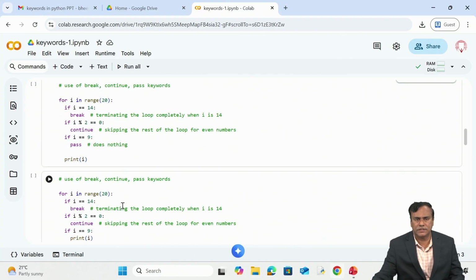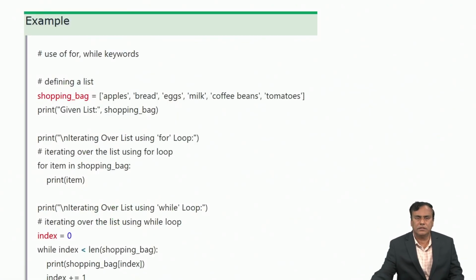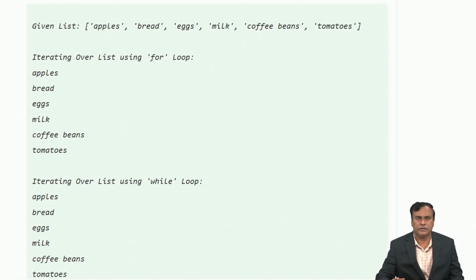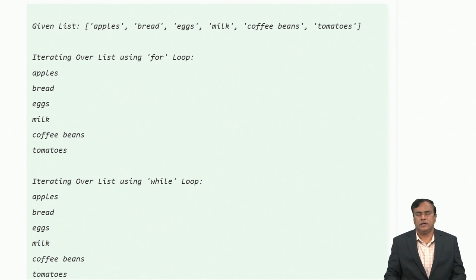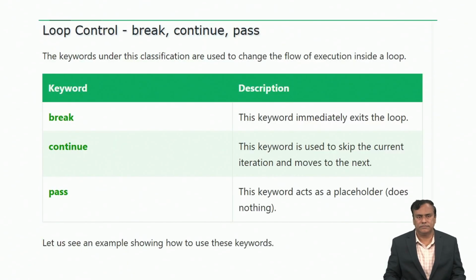That is the use of these for and while loops. Moving on. This is what I discussed: we have one list, and we have accessed the values of this list using the loops while and for.